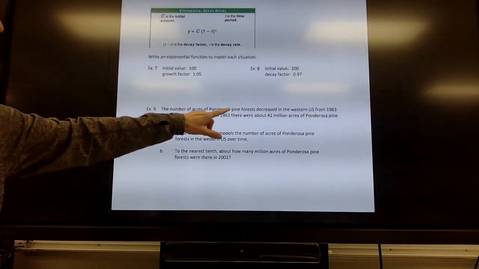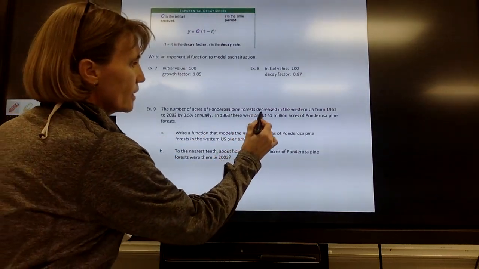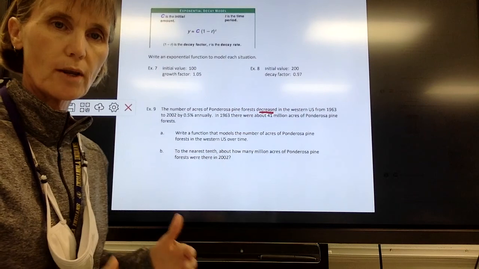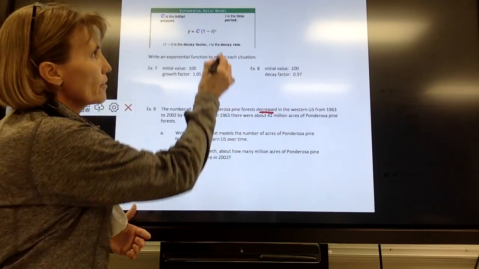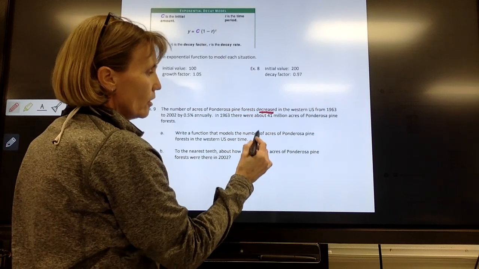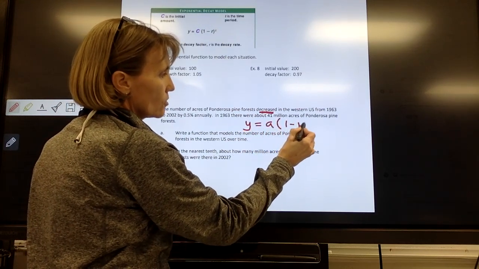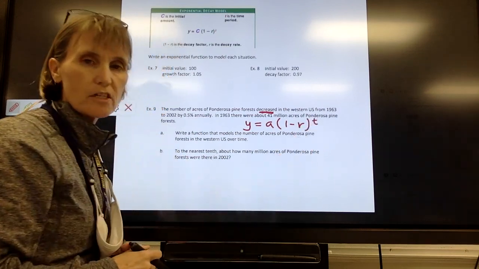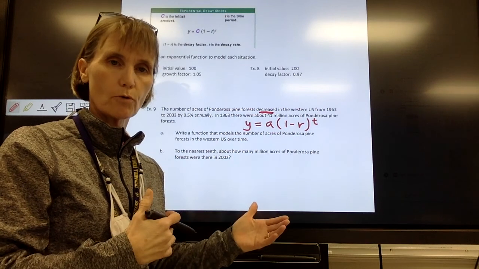Okay, and then here's a question. The number of acres of the ponderosa pine forest decreased. The fact that it decreased, or you might see a word like depreciation, that means it goes down in value. And if it goes down in value, you're going to use the decay factor. You're going to say Y equals A times 1 minus R to the power of T. If something is increasing in value or increasing in number, you use the growth formula.